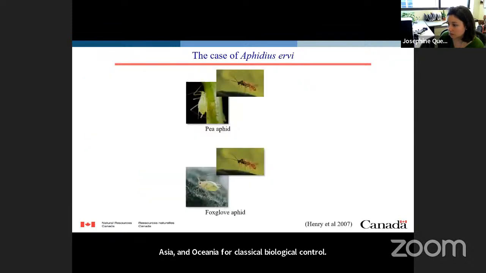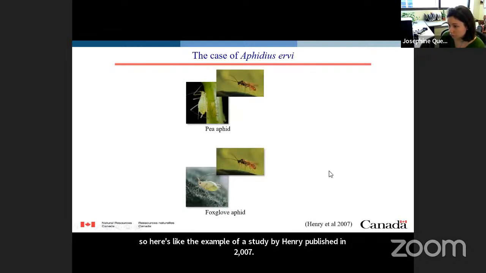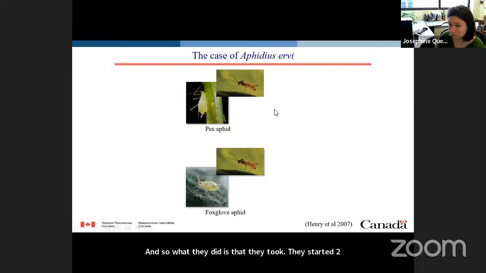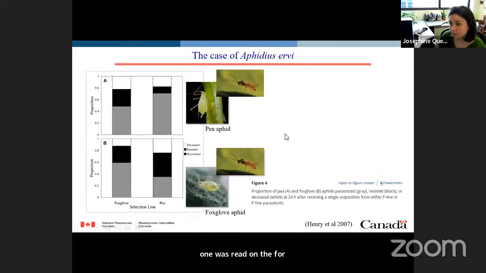And so here's an example of a study by Henrietta published in 2007. What they did is that they started 2 colonies of Aphidius ervi. One of them was reared on the pea aphid, and the other one was reared on the foxglove aphid for 50 generations. And then they measured the success rate of these 2 colonies on the two types of aphids.